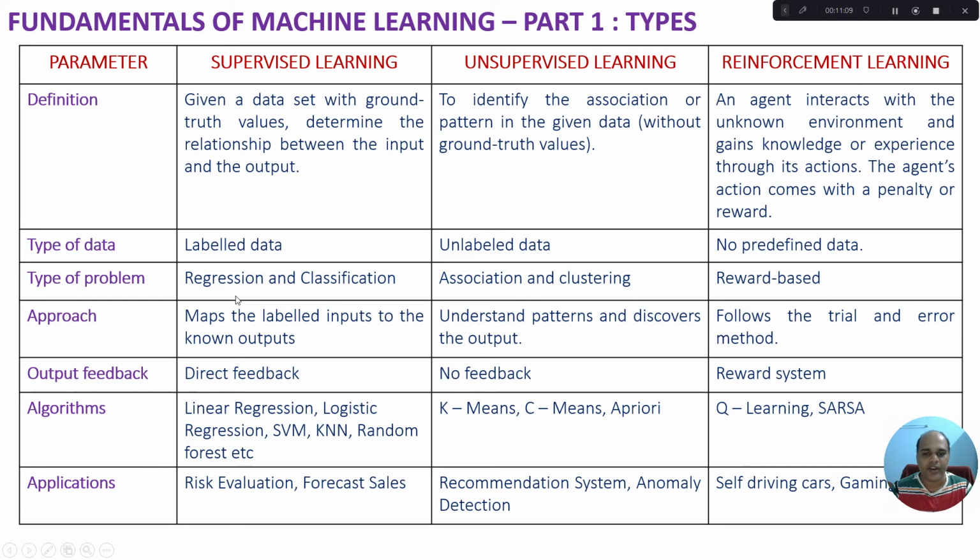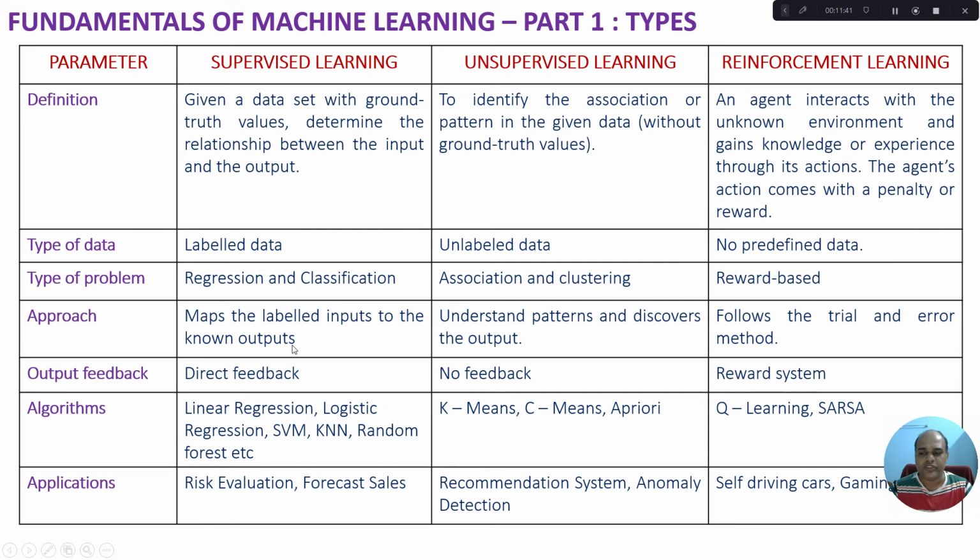If a student gets certain marks in certain subjects like English, language, maths, etc., we can estimate what should be his marks in social studies. Like that we can make a prediction. In the same way, in unsupervised learning, the type of problems which can be solved are association and clustering. Whereas in reinforcement learning, it will be based upon the reward.